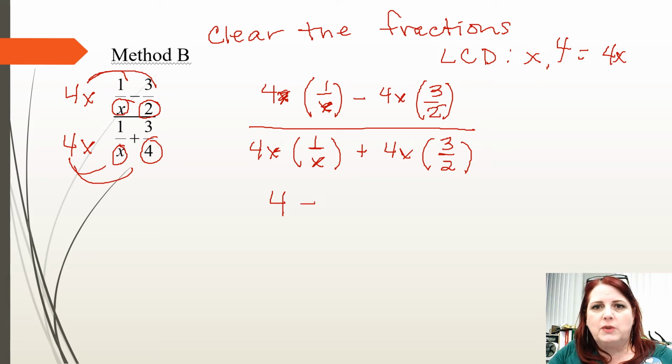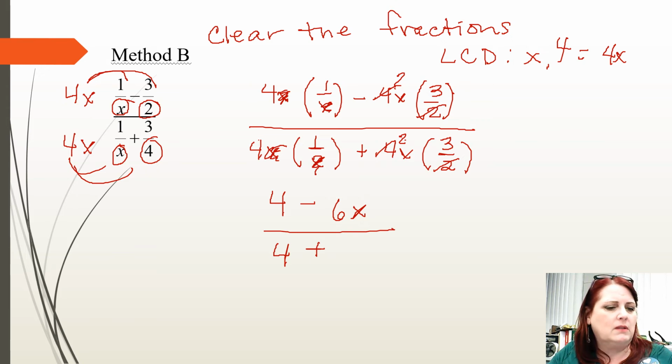On this one, the 2 cancels, leaving me with 2x times 3, which is 6x. Once again, in the denominator, we have 4x times 1 over x, and those x's will cancel, leaving me with 4. We're adding.